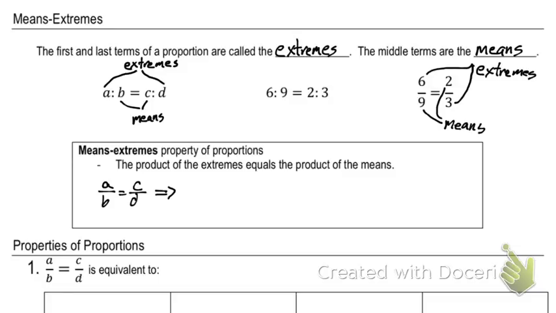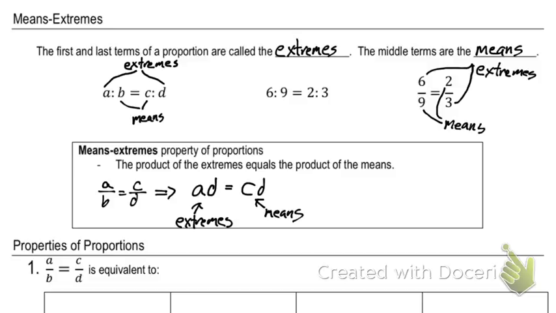So the extremes are A and D. So we're going to have A times D. These are my extremes. Is going to equal the multiplication of my means, which are C and B. These are my means.